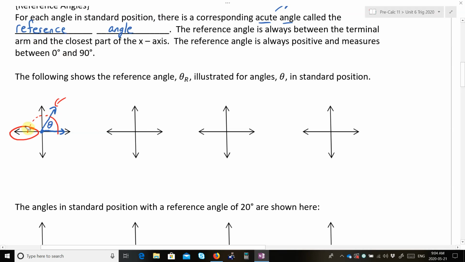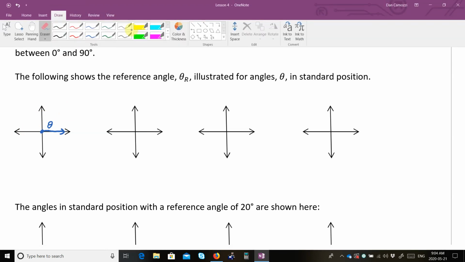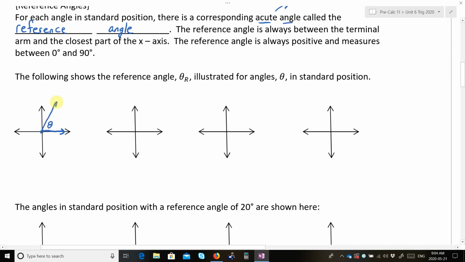Okay, so in the first quadrant, what we end up getting is that if you draw out an angle theta in standard position, that theta is actually equal to the reference angle. Okay, so the reference angle is equal to the angle itself in that case.